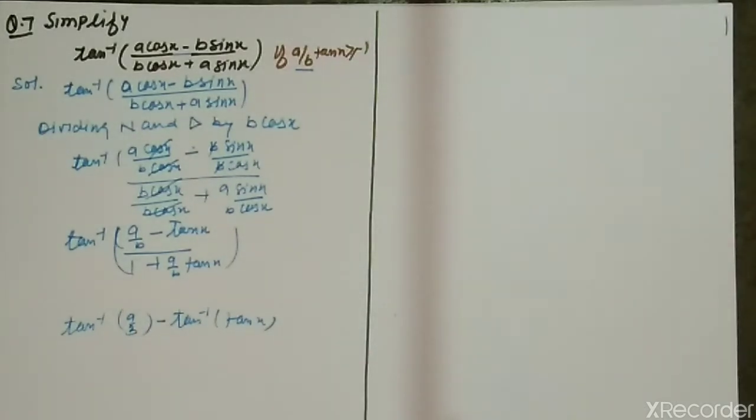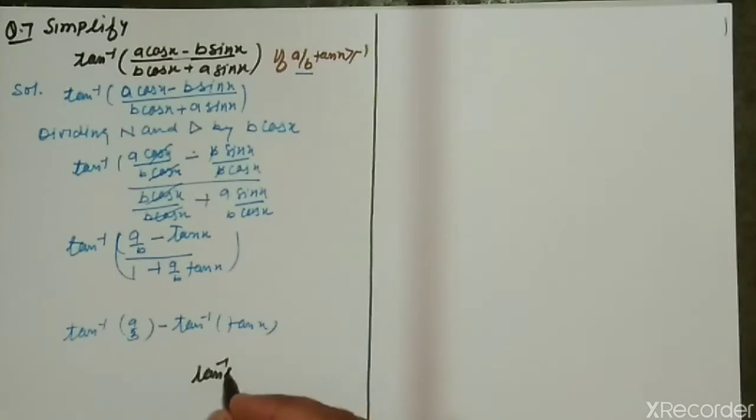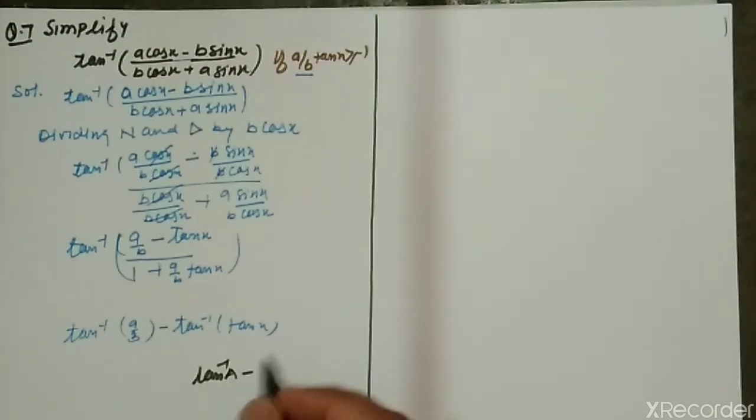Clear? So we recall the property tan inverse a minus tan inverse b is equal to tan inverse of (a minus b) upon (1 plus ab).